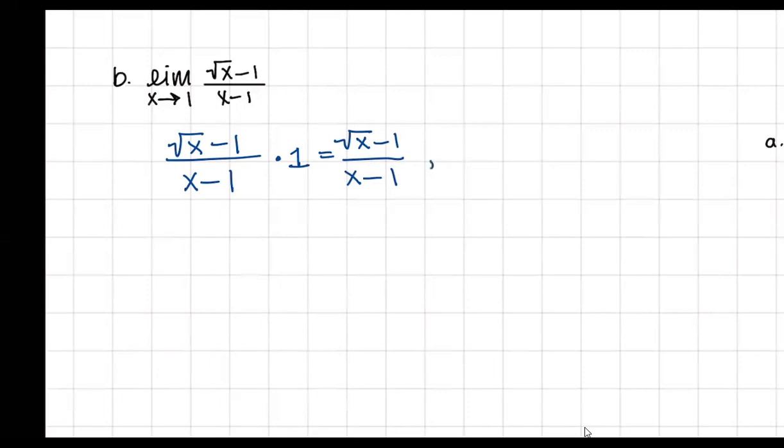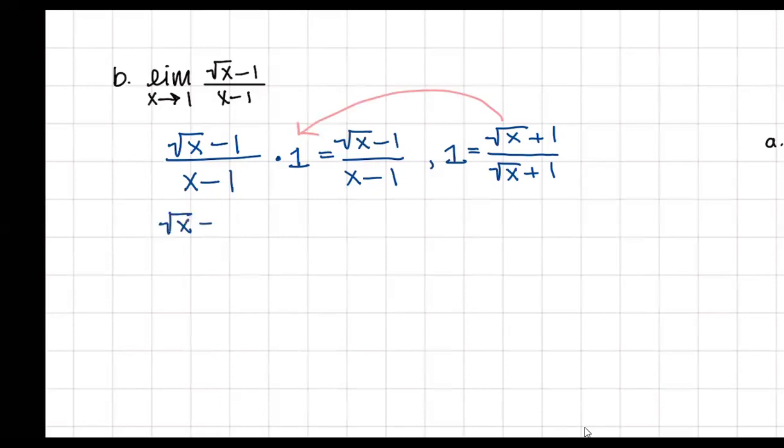Now this 1, well, we could just use the number 1, or we could use the conjugate of square root of x minus 1, which would be square root of x plus 1 divided by square root of x plus 1 instead. So if you'll agree with me, I've got something that's the exact same in the numerator as it is in the denominator, so we can divide those out together and we just get the value 1. So it's totally fair game for me to go ahead and place this right here where I have 1 written. So I'm going to go ahead and do that.